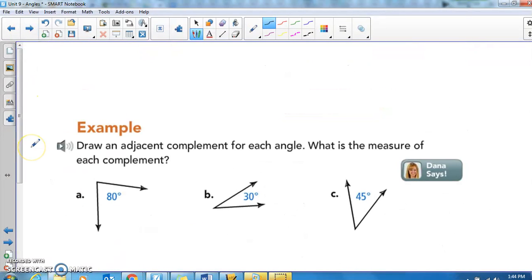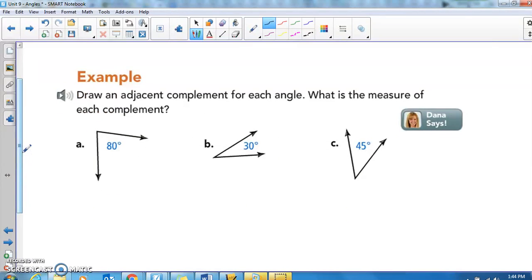All right, it says draw an adjacent complement for each angle. What is the measure of each angle? Let's not worry about drawing it, but let's figure out what would be the complement for each of them. We know complementary is 90 degrees, so if this is 80, I have to figure out 90 minus 80, which most of you can do in your head, and that gives you 10. So my complement would be a 10-degree angle. Letter B. We have a 90-degree angle, which would be complementary.